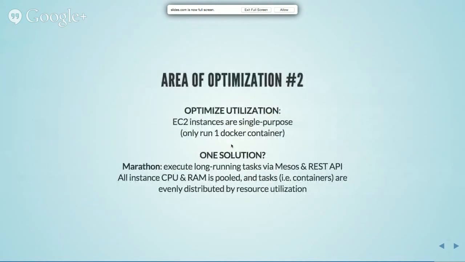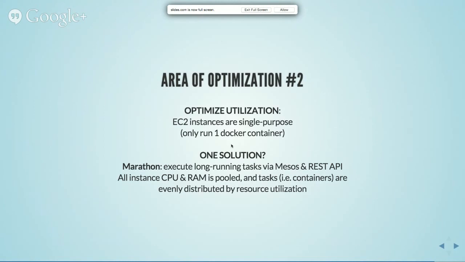Another thing you could do is improve utilization, because we're only running one container per instance. There might be additional CPU and RAM that's not being used, and there's stuff coming out these days that will allow you to get better use of the hardware you're paying for. One thing I've been really inspired by is Marathon.